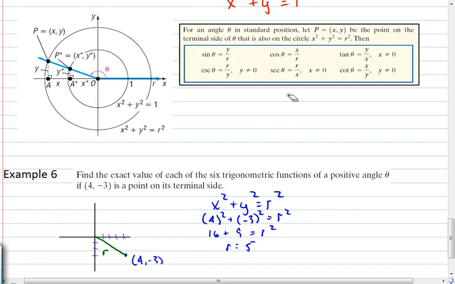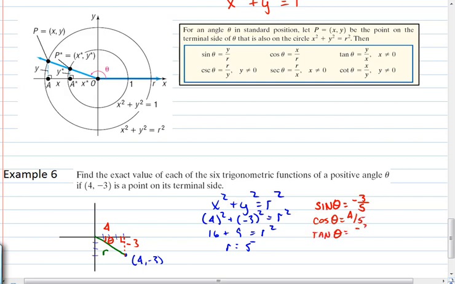So using these definitions of the functions here, or you could drop a perpendicular here and use this angle right here, the reference angle, and you know that this side right here opposite is -3, this side is 4, and you can use SOHCAHTOA. Sine of that angle is going to be opposite over hypotenuse, -3/5. Cosine is 4/5.